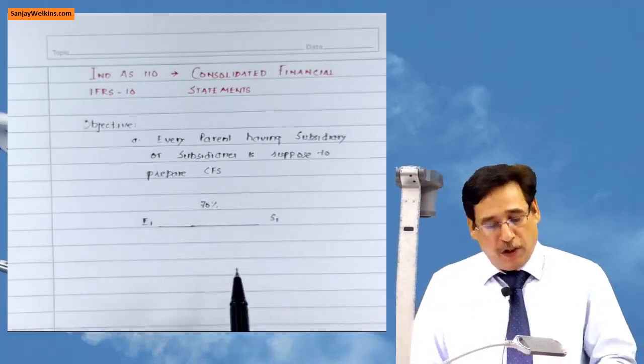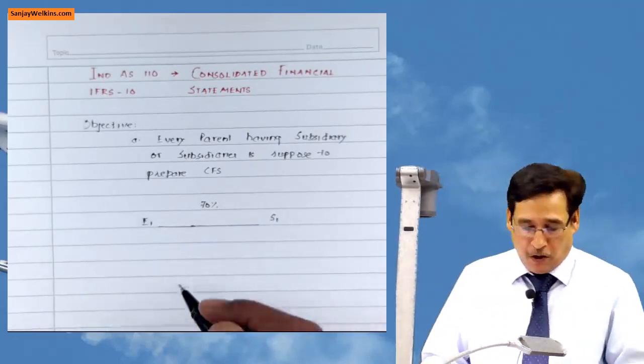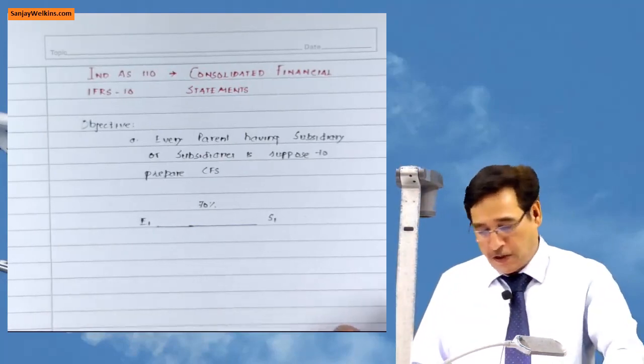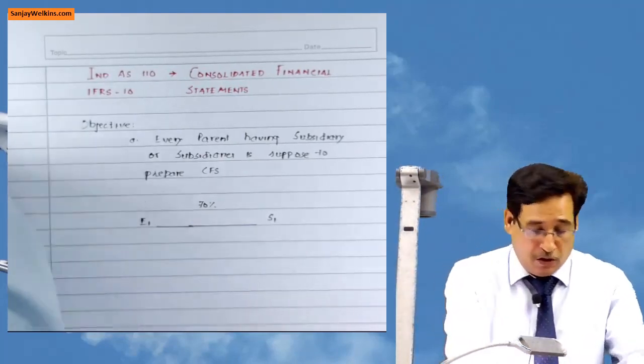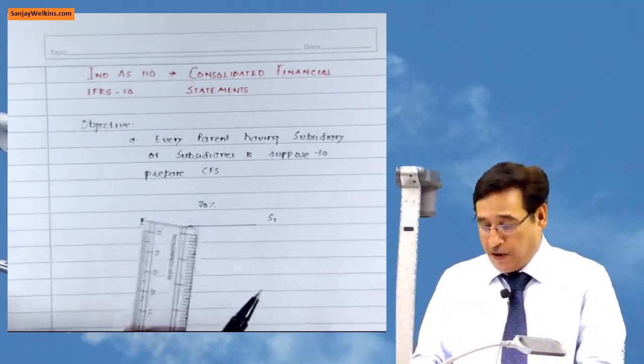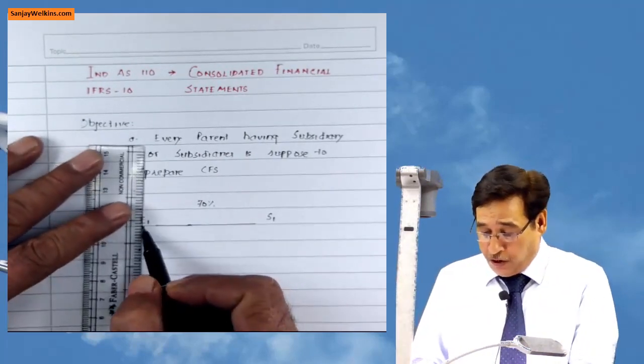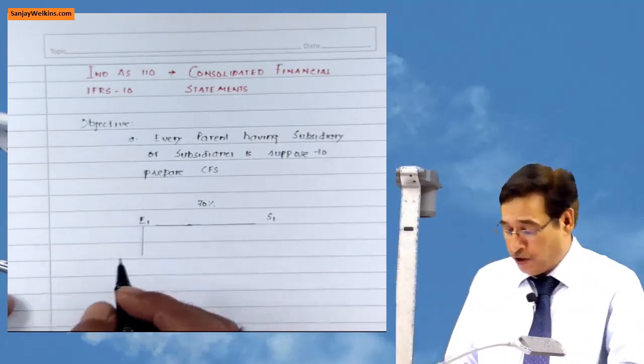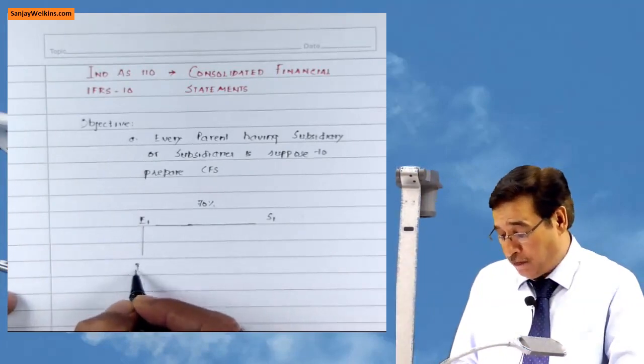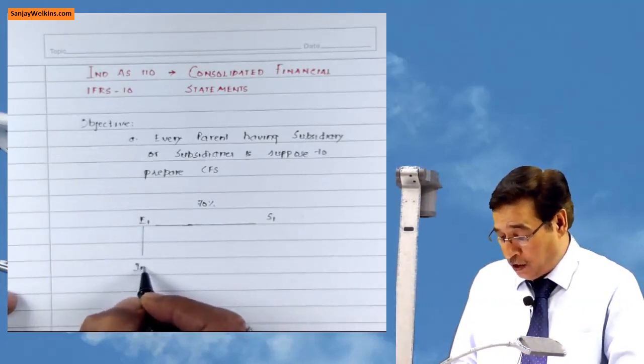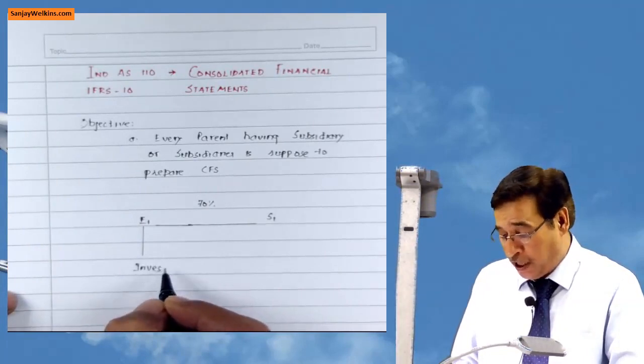In accounting terminology, or in IFRS terminology, we may say this company is an investor because we have invested. E1 is the investor. We are starting right from scratch.